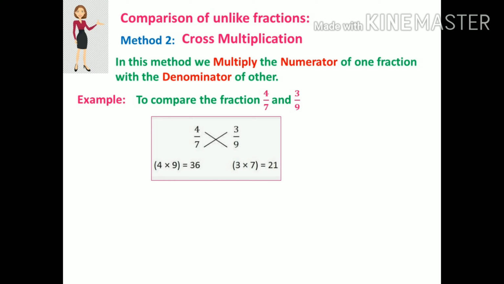As shown in this figure, 4 multiplied by 9 is equal to 36, and 3 multiplied by 7 is equal to 21. Now, as we can see, 36 is greater than 21. The fraction 4 upon 7 is greater than 3 upon 9.